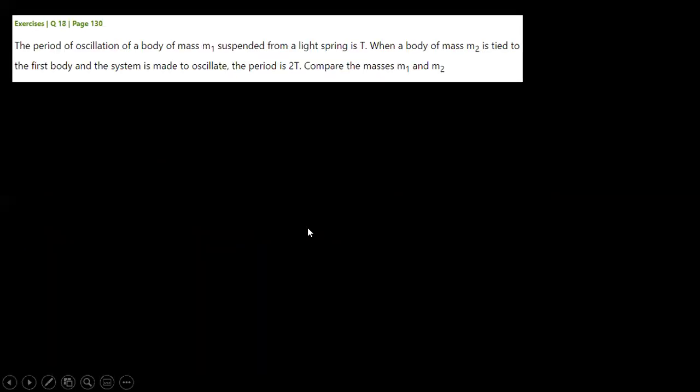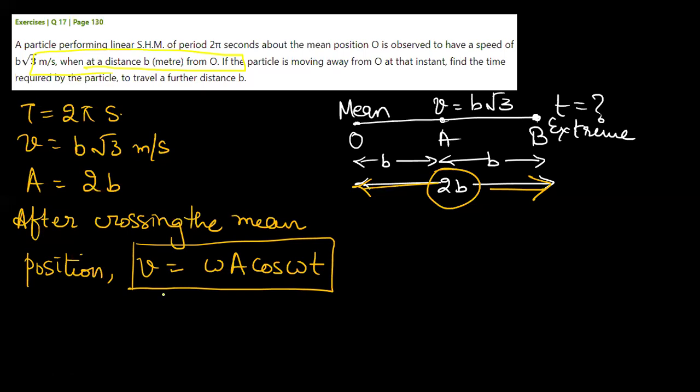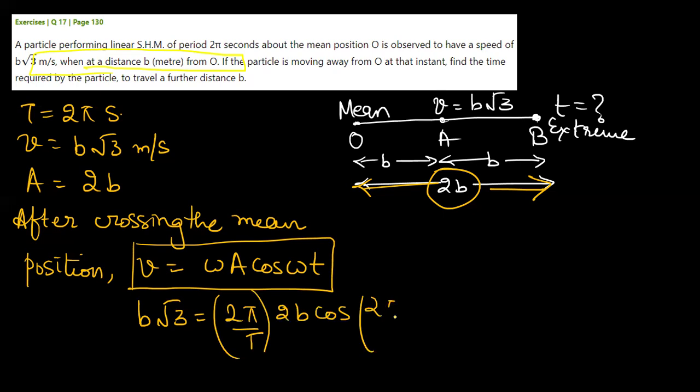V equal to omega A cos omega t. We can write from here that V is given as b root 3. So b root 3 equal to omega, which can be written as 2 pi by T, times amplitude 2b, into cos of 2 pi by T into small t. When you substitute the value, you see this b getting cancelled.